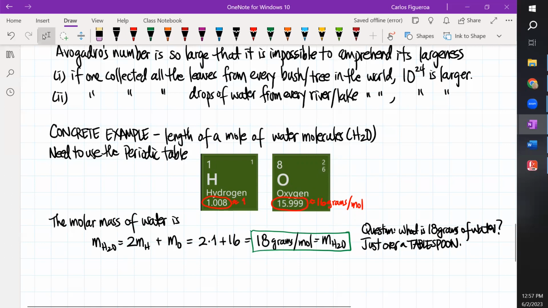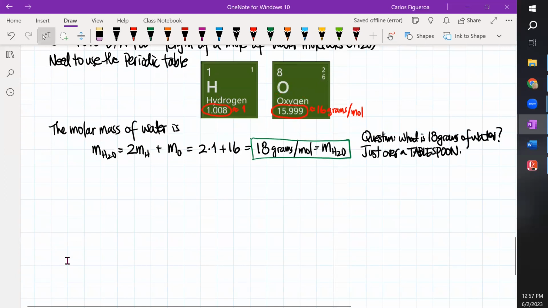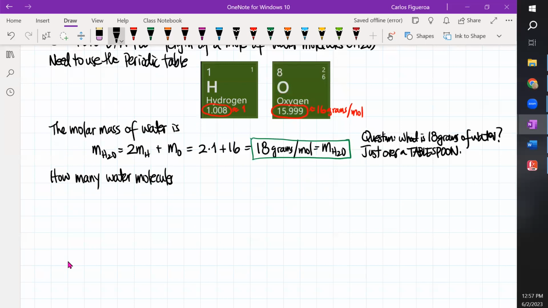So then we have to start going through our process here. So then I'm going to ask the following question. How many water molecules are there in 18 grams of water?